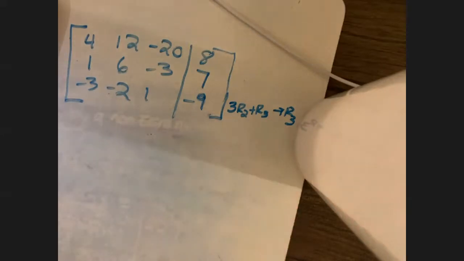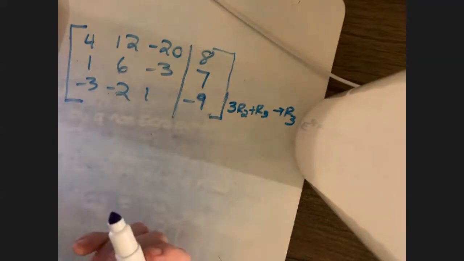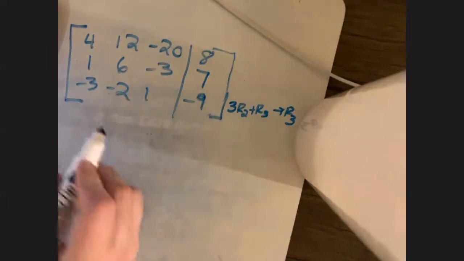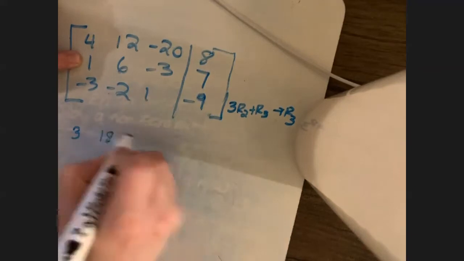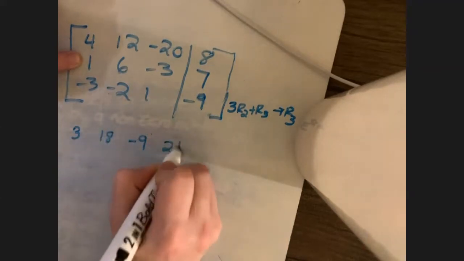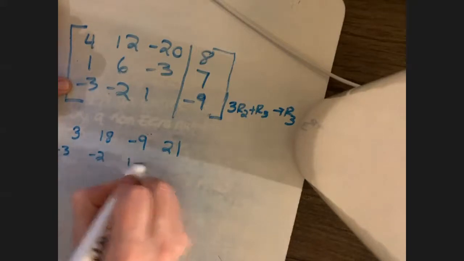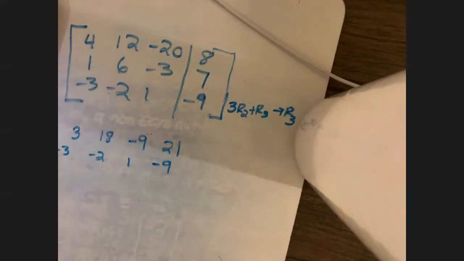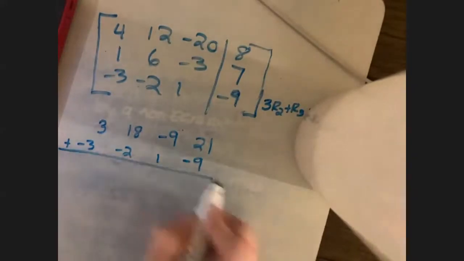Now, this is the one time I do not try to do this math in my head. No, just don't. So what I'm gonna do is just underneath here, I'm basically gonna show the math that I'm fixing to do. So 3 times row 2. So I'm gonna do 3 times this row. That's gonna be 3, 18, -9, and 21. So all I did is 3 times each of my numbers. It says row 3 just by itself. I'm gonna add this up.